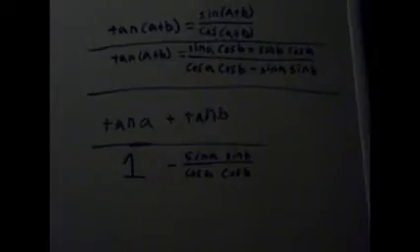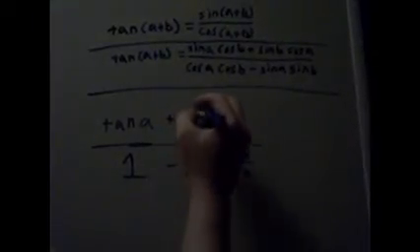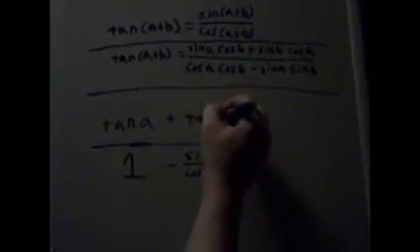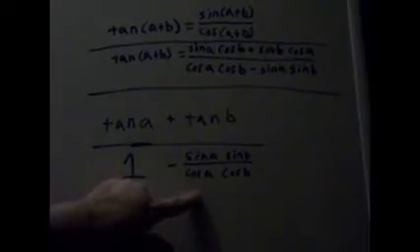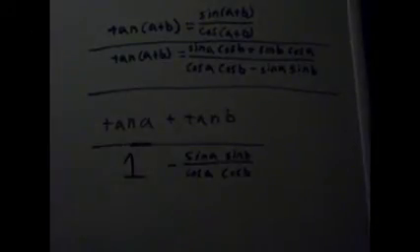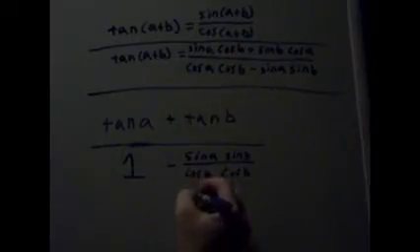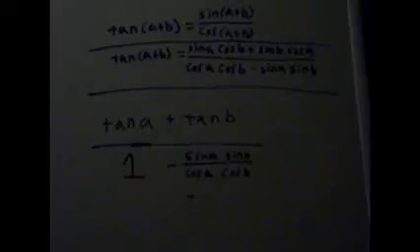Okay. Now then, let's make it a little more obvious. Now then, what about this right here? What are we going to change this to? Okay. Well, what is sine A over cosine A? Well, that's going to be T. Well, I don't suppose you'd be able to see that.